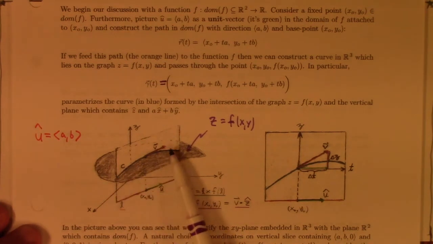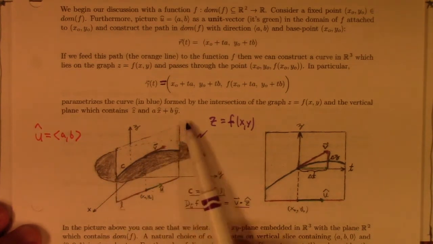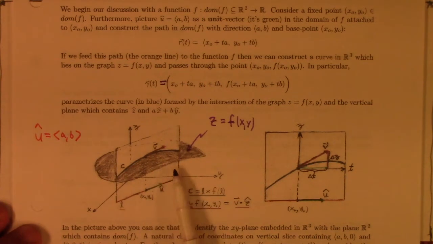So that, if you think about it, is going to tell us how to understand the change in the function in that direction, right? Because if we take this vertical plane, we draw it over here, there's that blue curve written over here like that.